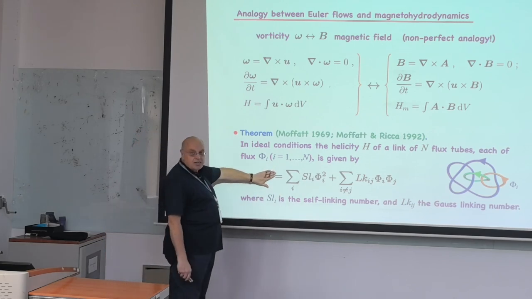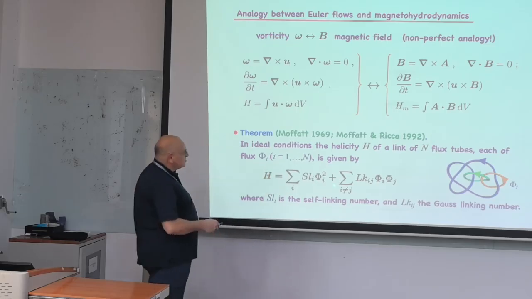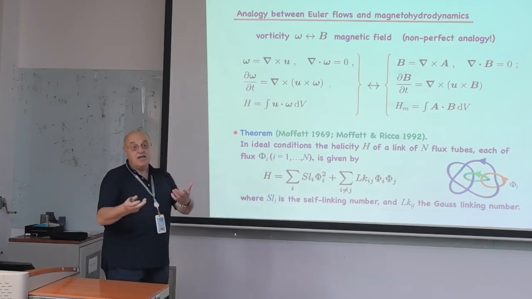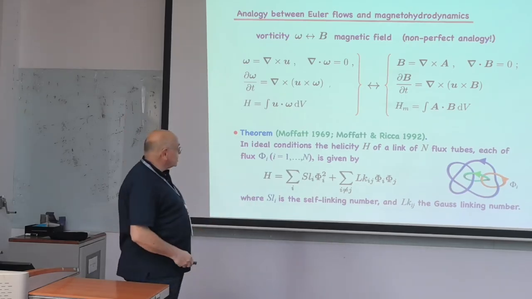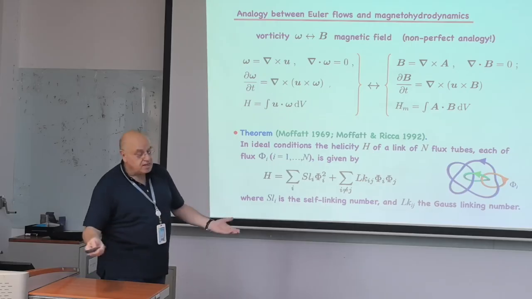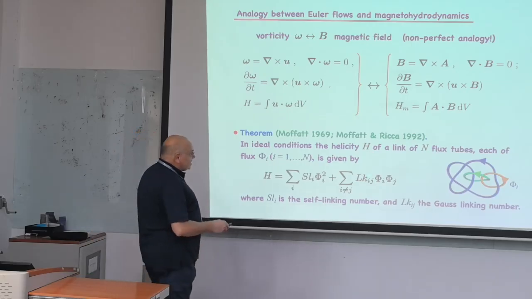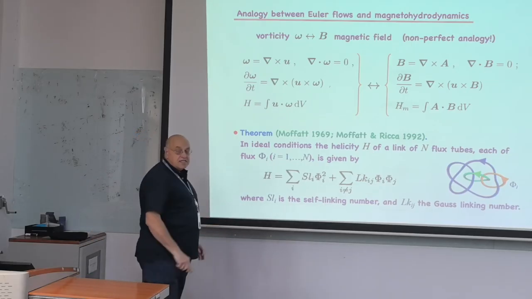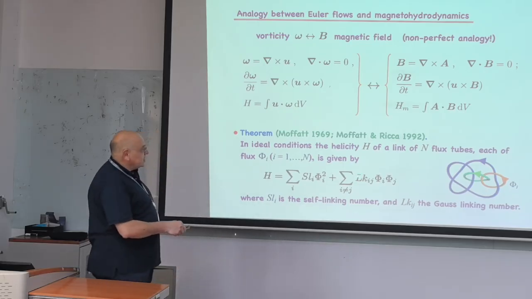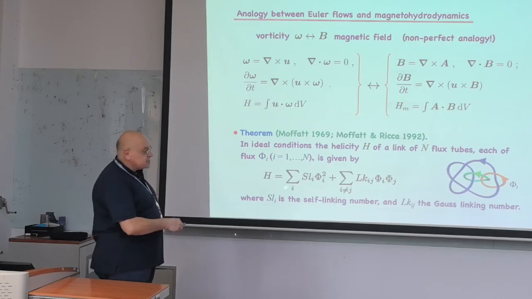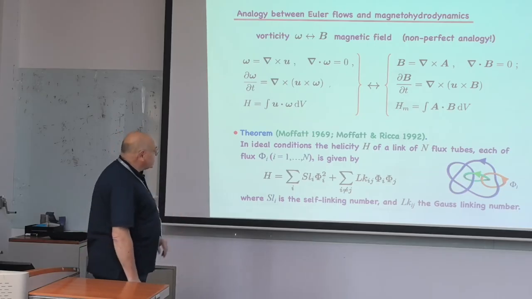No integration, but the result is in terms of the intensity, like the charges of these tubes, the fluxes, flux of vorticity or flux of magnetic fields, and in terms of these quantities that are topological in character. In particular, this is the Gauss linking number, and this is the self-linking number. I'll be very quick.